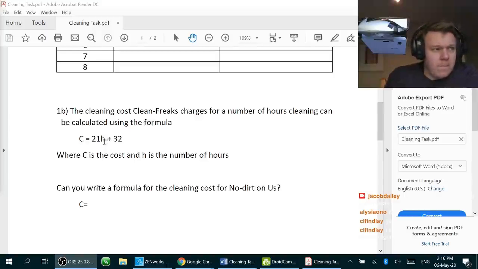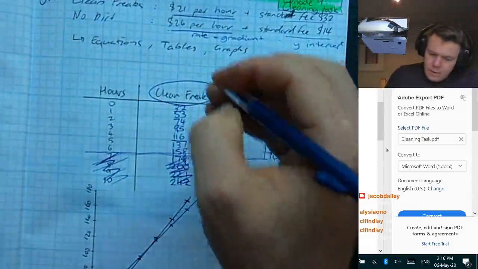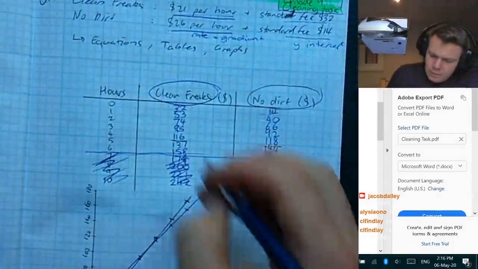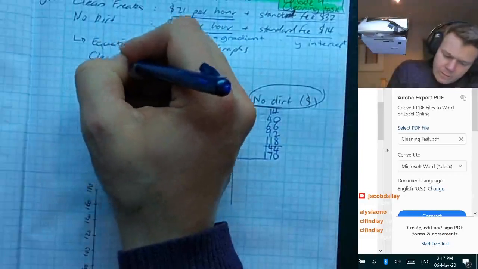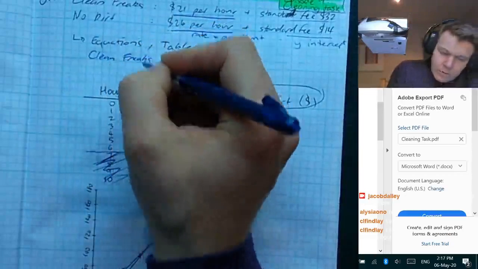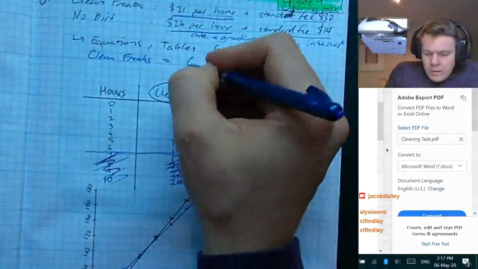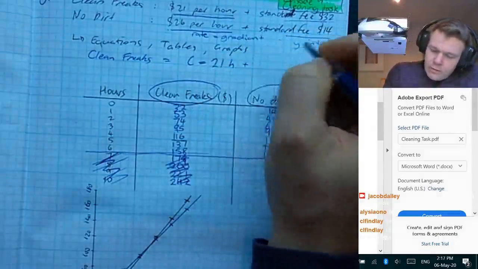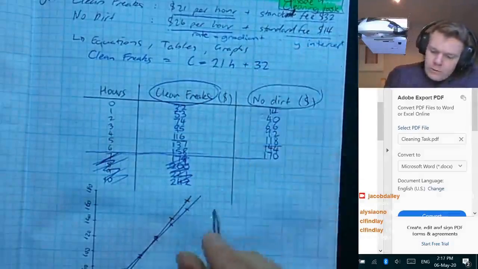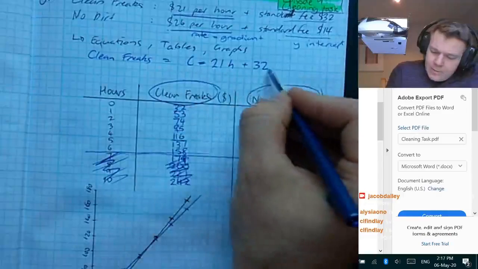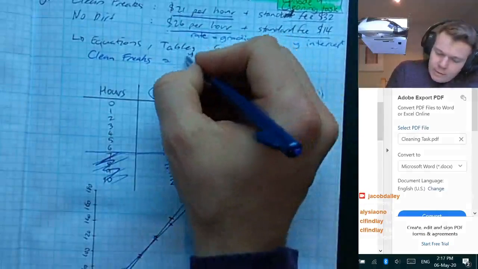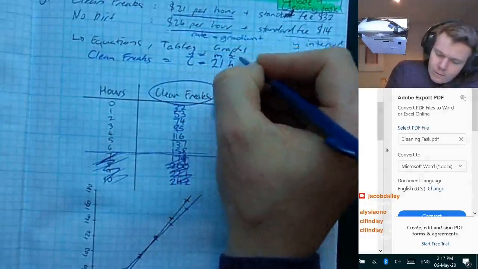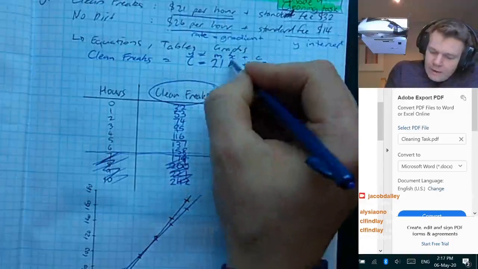Clean Freaks' equation was C equals 21H plus 32, and this is pretty much the same as y equals mx plus c, but we're just using different letters for x and y.